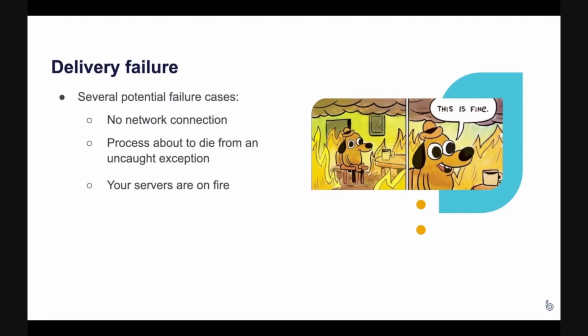There's no network connection, there's an uncaught exception. This is peculiar to crash reporting SDKs. After there's an uncaught exception in your app, the process is going to terminate pretty shortly. And also the servers might be down. So it's quite useful being able to cache that report on disk and then send the report at a later date.